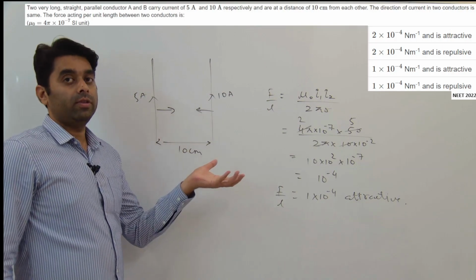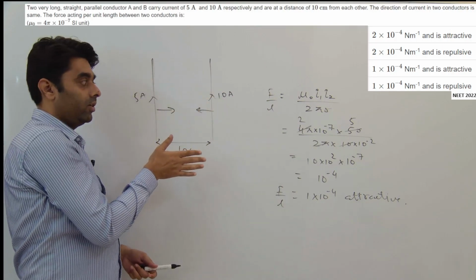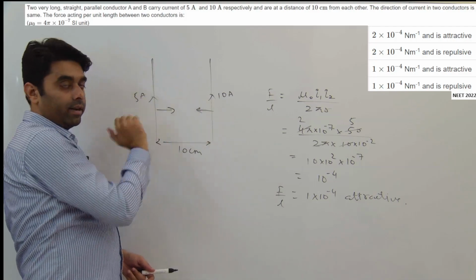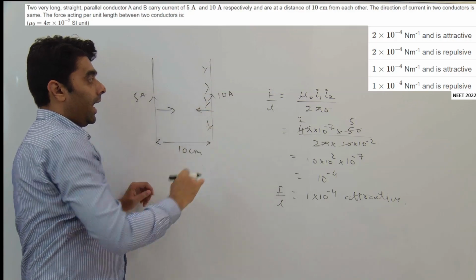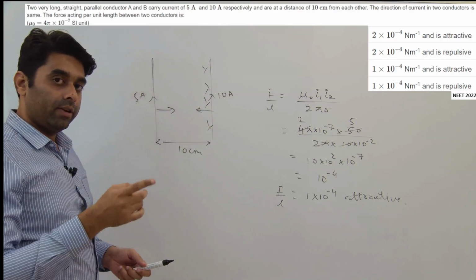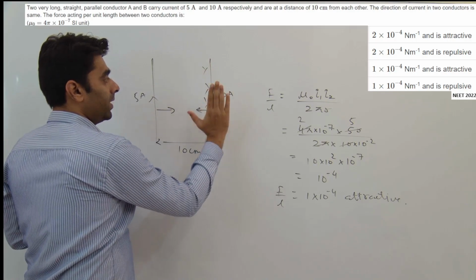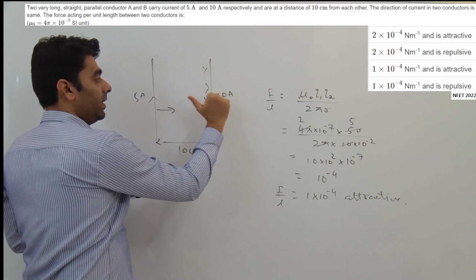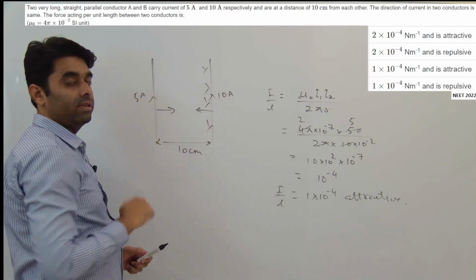How did we get this attractive? Basically, this wire will produce a magnetic field in the inward direction along this. Inward is this, right? Due to this inward magnetic field, this 10 ampere current carrying wire will experience a force in this direction, right? A similar thing will happen with this one also.